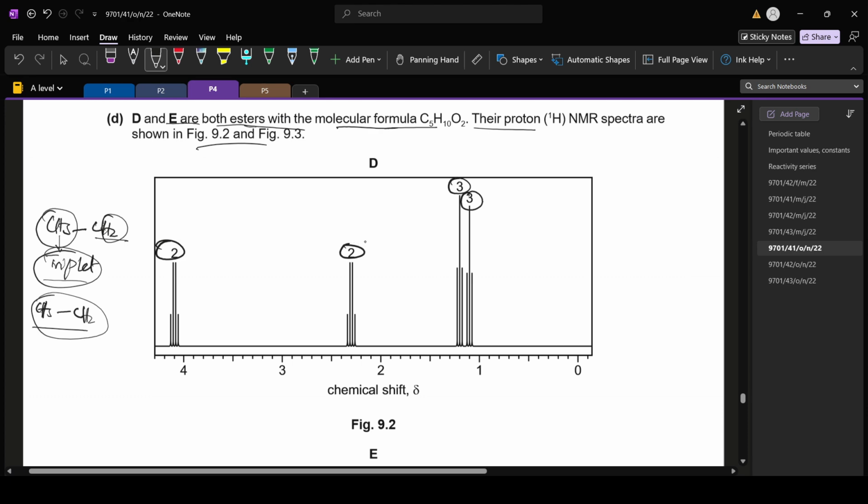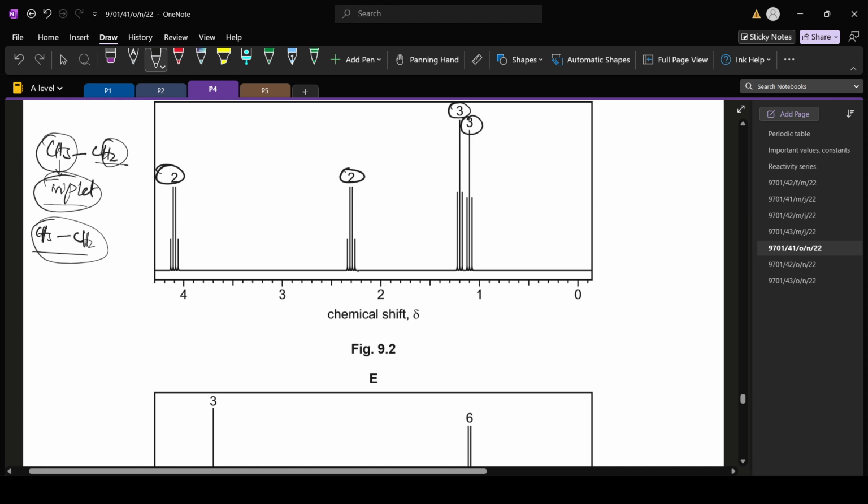So you can say that this carbonyl is attached to a CH2 group.